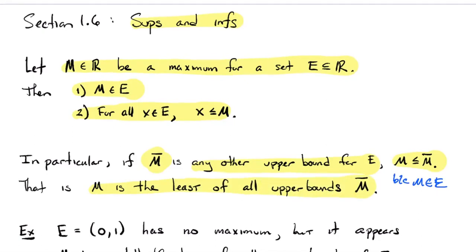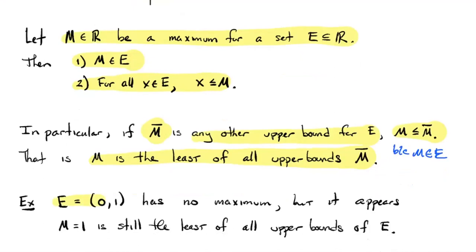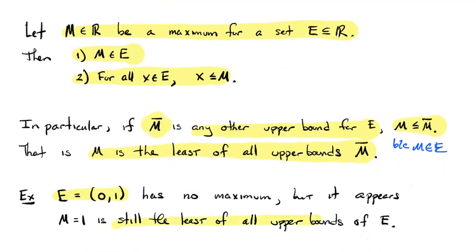So going back to one of our examples, if we take E to be that open interval from 0 to 1, we already said it has no maximum element, but it still seems to have a least upper bound. The number 1. Number 1 is an upper bound, so is 2, so is 1.1, 1.001. It has infinitely many upper bounds, but there's the smallest one.